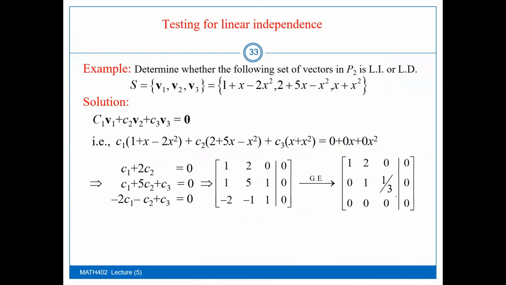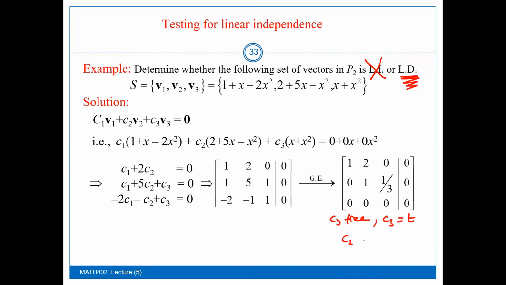So is it linearly independent? The answer is no. It's linearly dependent. Here we have infinitely many solutions. So these vectors are not linearly independent. They are linearly dependent. If you solve, C3 is a free variable. So C3 is t, for example.